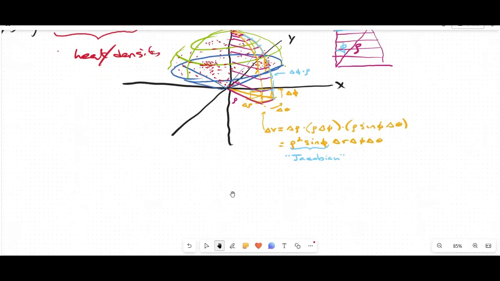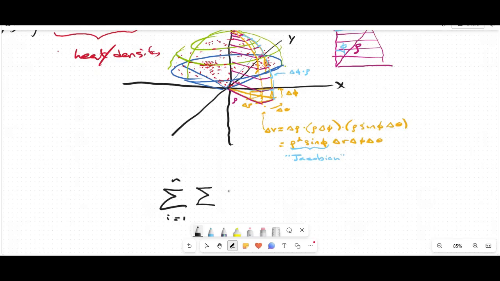So when we try to set up a triple integral in spherical coordinates, we're going to again do a sum from i equals 1 to n, another sum, j equals 1 to n, and one more, k equals 1 to n.